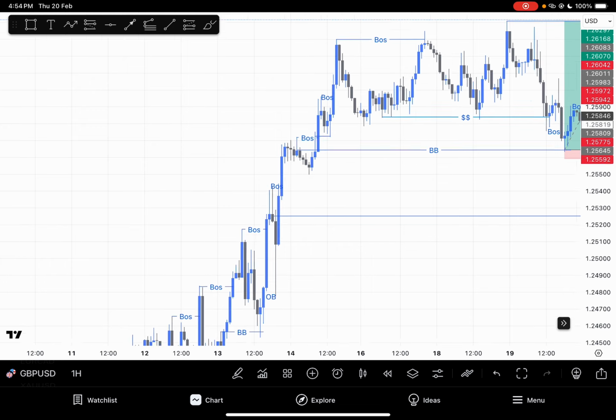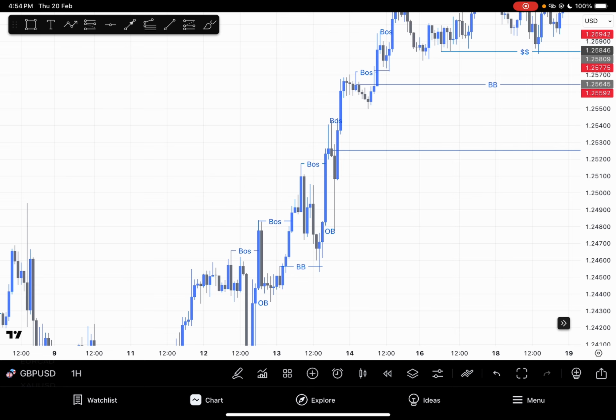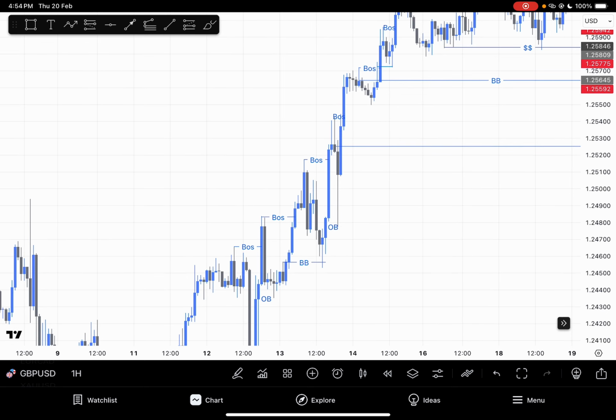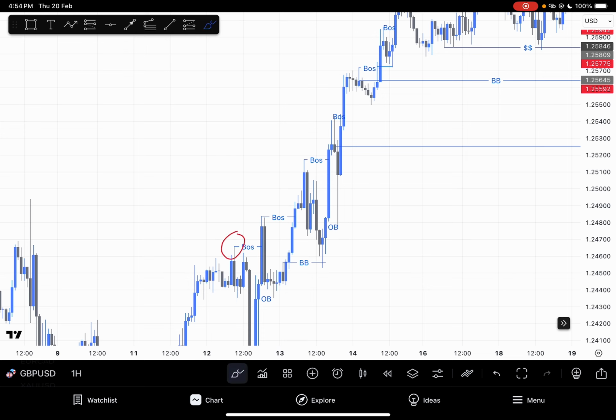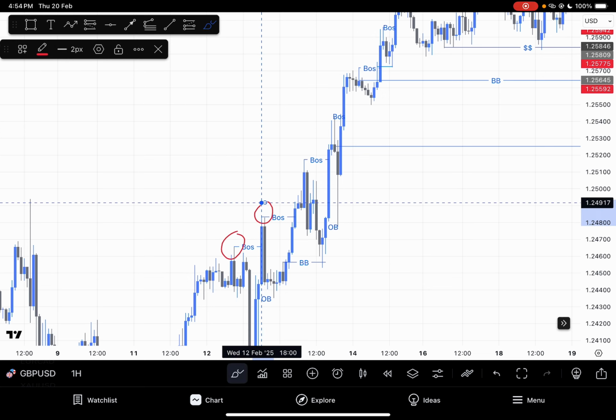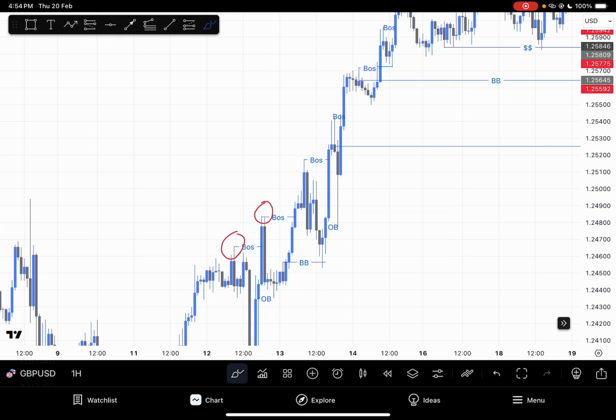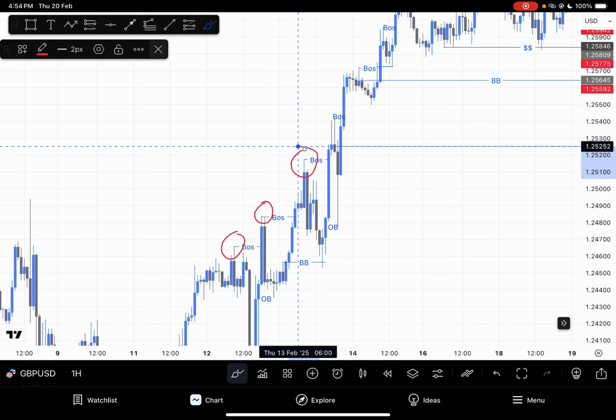So if you observe from this point below, price has been creating multiple breaks of structure, just like that.